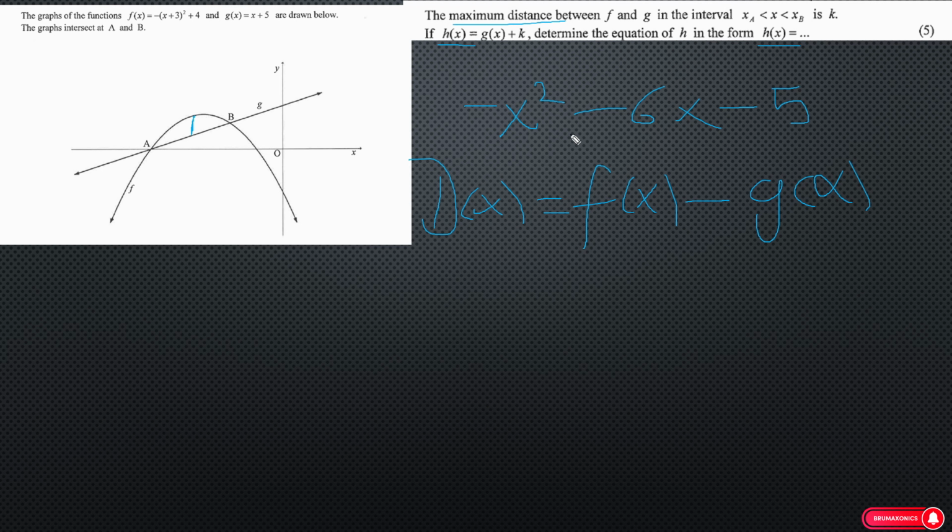Now if this is the case, let's say d of x is equal to, what will be the g of x, and what will be the f of x. So f of x will be something like this: minus 6x, then minus 5.